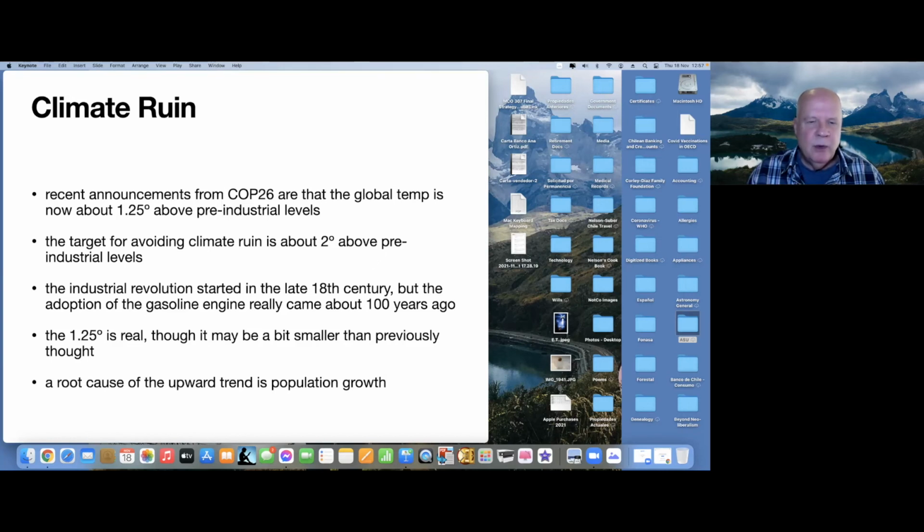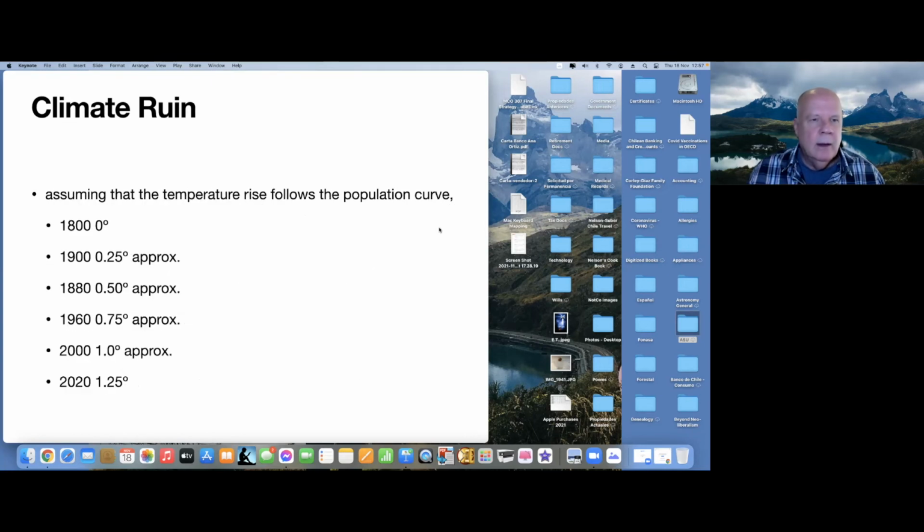Simply so many people on Earth, no matter what you do with them, if they need to consume things, then there are going to be problems with the climate. So using my assumption that the temperature rise really is dependent upon and follows the population curve, we can look at it this way. So 1800 was when all of this started, and it went up in clips until we reached 2020, and now we're at 1.25.